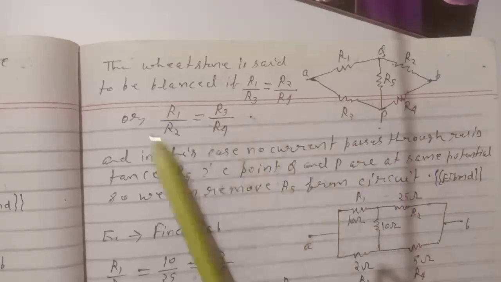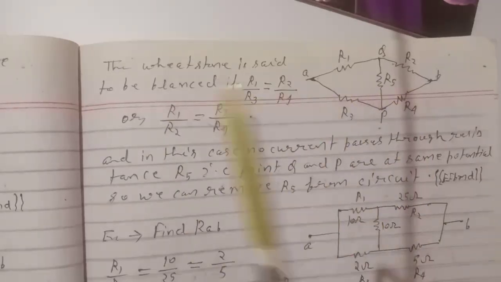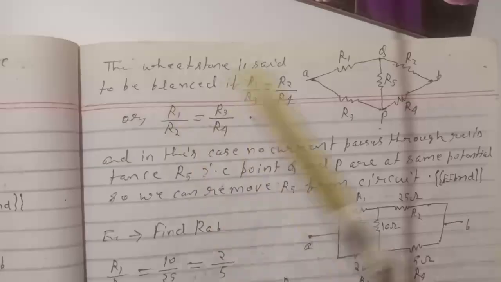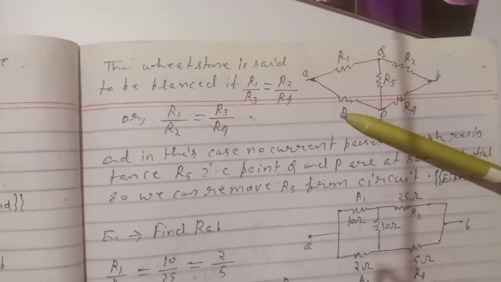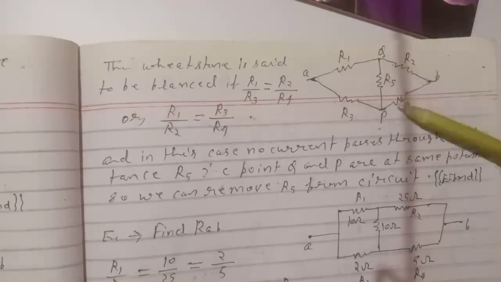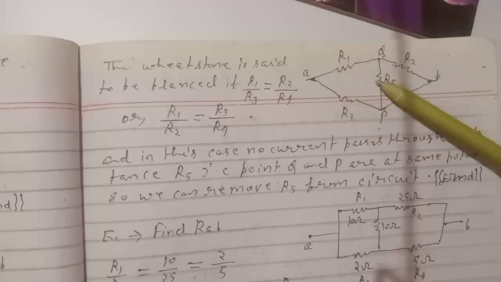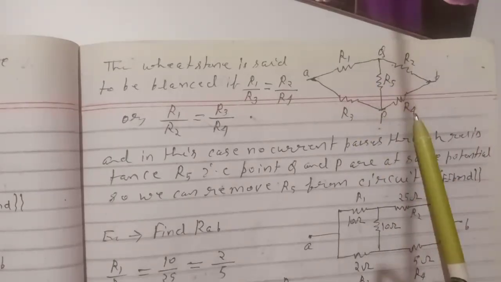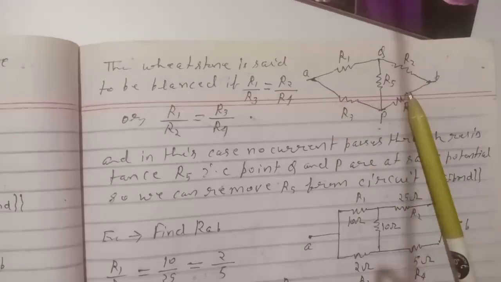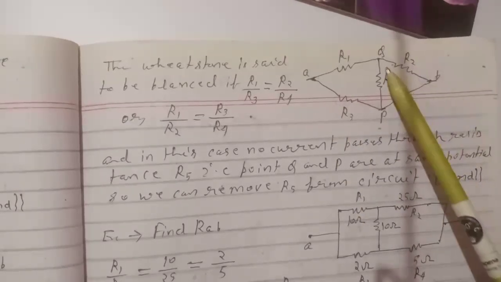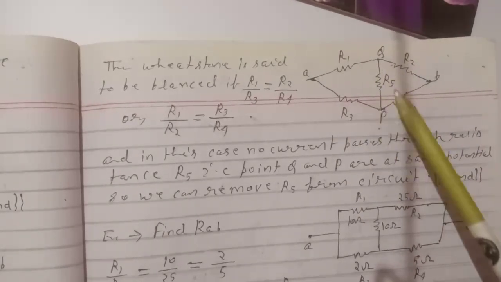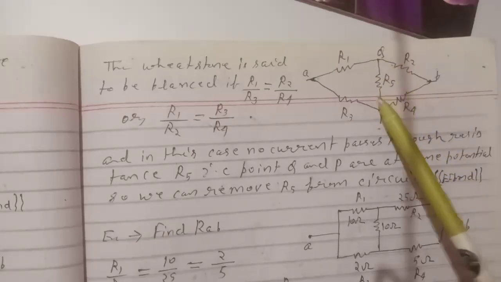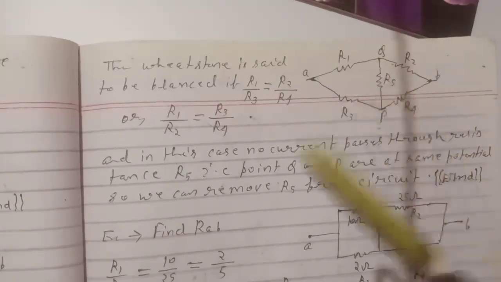And the Wheatstone bridge is said to be balanced if R1 by R3 is equal to R2 by R4, then this is in the balance condition. Or R1 by R2 equals R3 by R4, then it is also in balance condition. It means that no current will flow through this middle part, and this will be removed directly.